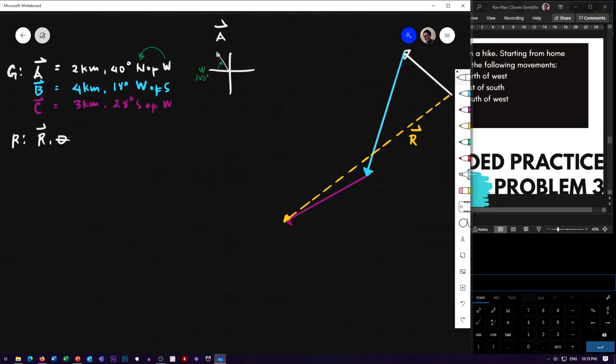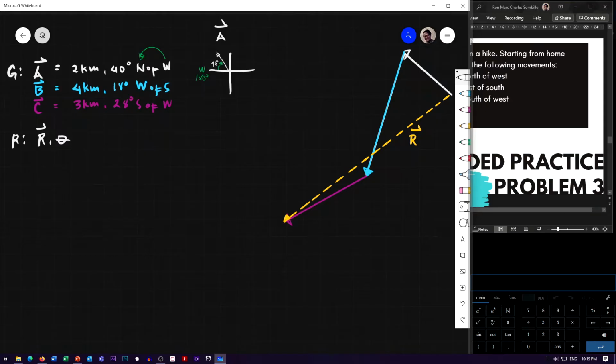Now, since this is 40 degrees, and it is rotating on which direction? It is rotating in a clockwise direction, since it's starting from the west. Going to this direction, something like that.